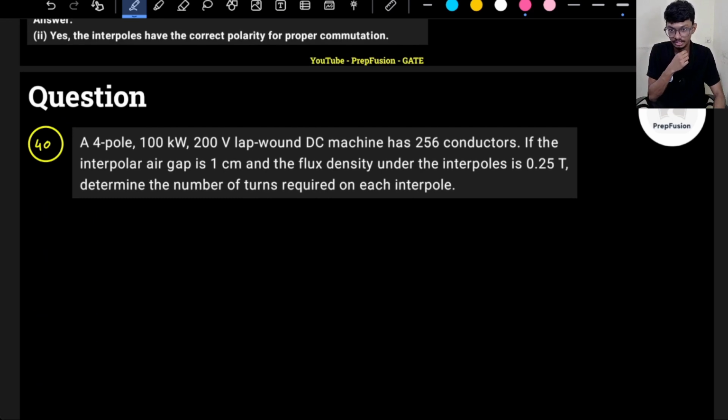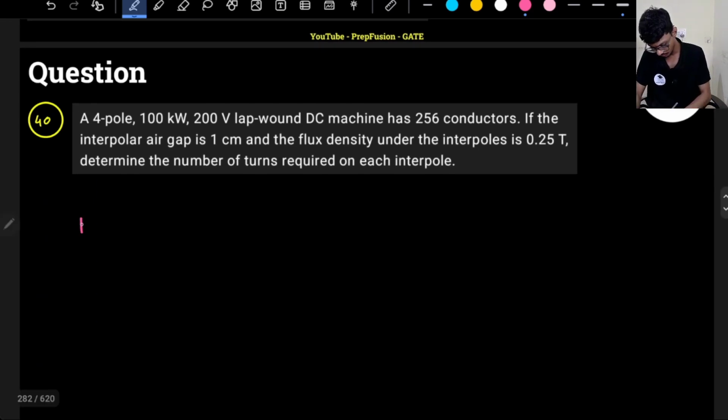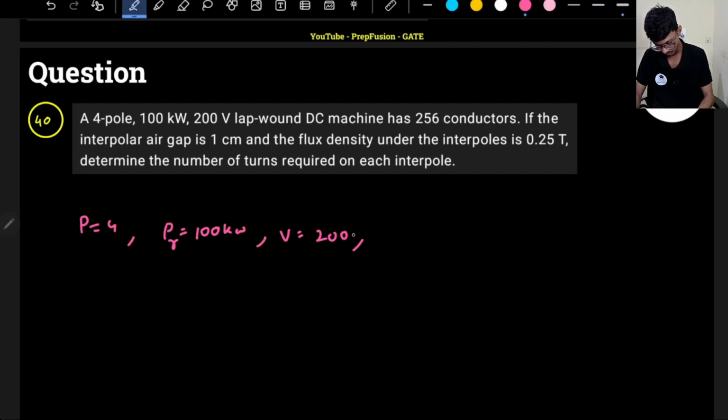So here, what have they asked? They've given us a 4 pole machine, P is 4, 100 kilowatt. So power is 100 kilowatt, this is the rated power. Voltage is 200 volts. It is lap wound. If it is lap wound, that means the number of parallel paths will be equal to the number of poles, which is 4.